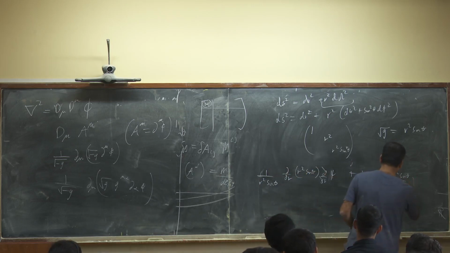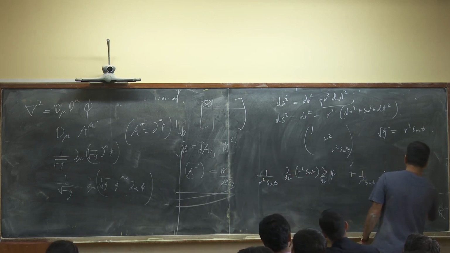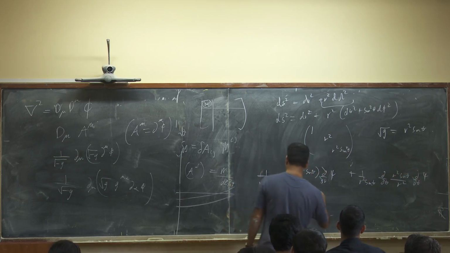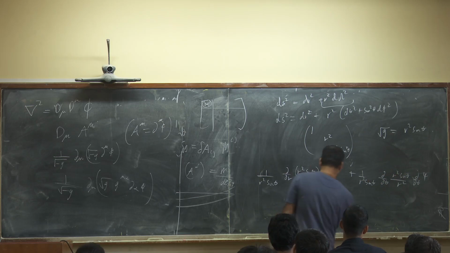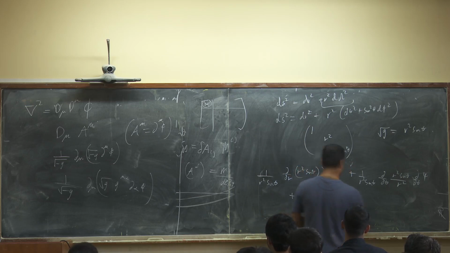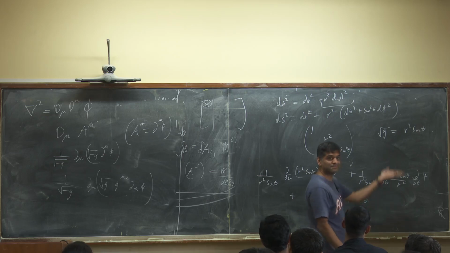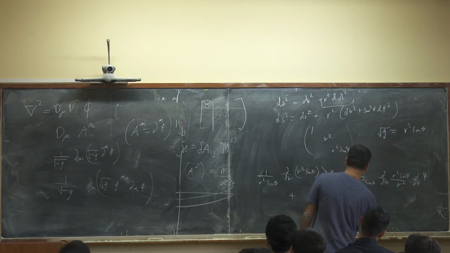So 1 over r squared, del by del theta of psi. And then plus 1 over r squared sine squared theta, sine theta, del by del phi. Okay, what should I put here? R squared sine theta, that's a universal factor, times 1 over r squared sine squared theta.